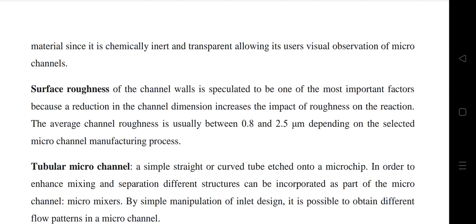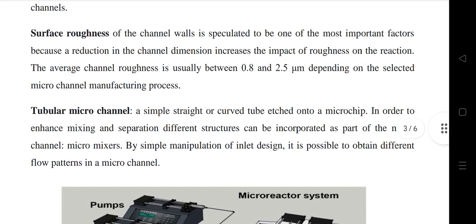Surface roughness of the channel wall is one of the most important factors because a reduction in the channel dimensions increases the impact of roughness on the reaction. The average channel roughness is usually between 0.8 to 2.5 micrometer depending on the selected microchannel manufacturing processes.